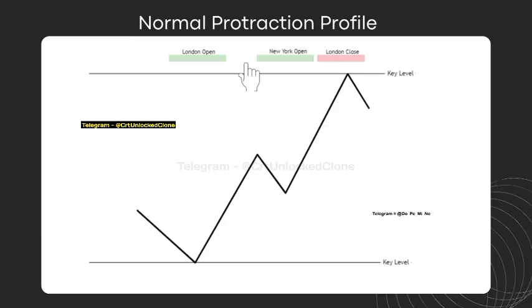And then this empty segment represents the London lunch kill zone, which is from 5 a.m. to 7 a.m. Eastern time. After that, we've got this segment which represents the New York Open, which is from 7 a.m. Eastern time to 10 a.m. Eastern time. And then once New York Open ends, the London close kill zone starts, which is from 10 a.m. to 12 a.m. Eastern time.